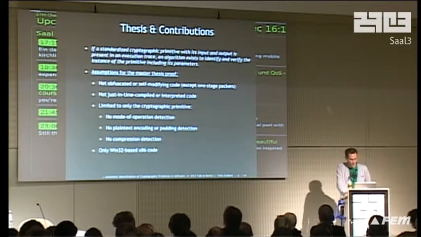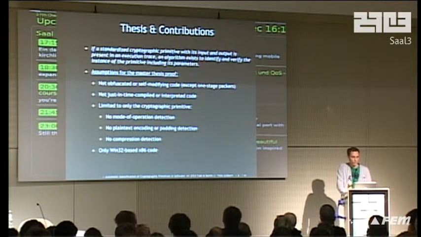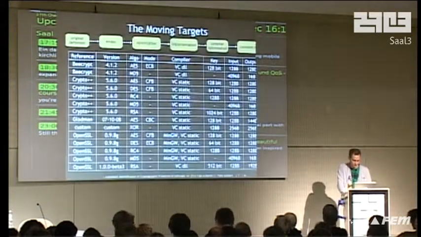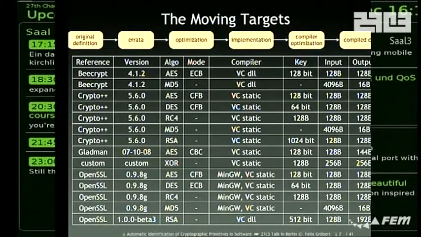I defined some moving targets for Windows 32 and x86, which you see over here. These are moving targets because you have an original definition of the cryptographic primitive in the original paper, but then you have errata, later compiled and written by the scientific community, saying you shouldn't use that key, or you should watch out for implementation-specific attacks.